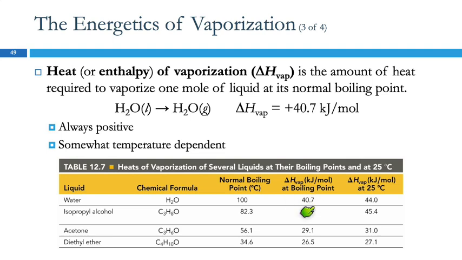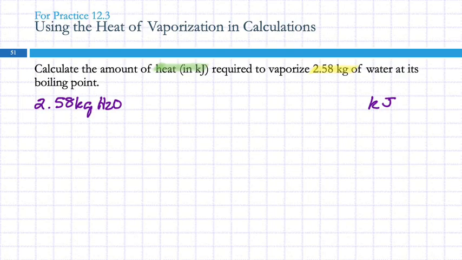So it's 40.7 kilojoules per mole. We're going to need that number, and that's the heat of vaporization. So that's how we can convert between moles and kilojoules.